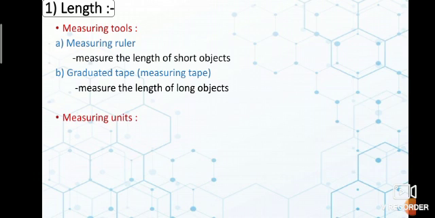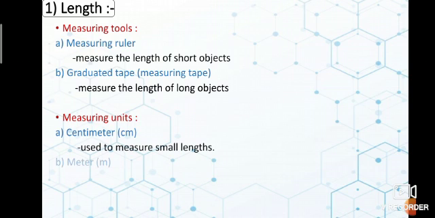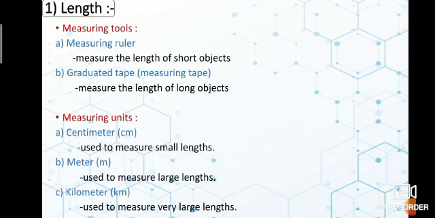As for the measuring units of length, we have three, which are centimeter, meter, and kilometer. Centimeter is used to measure small lengths, while meter is used to measure large lengths, while kilometer is used to measure very large lengths.